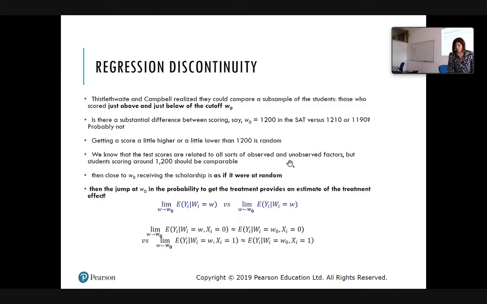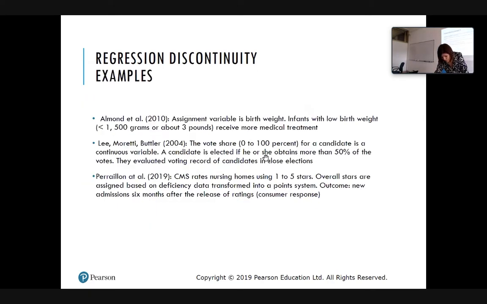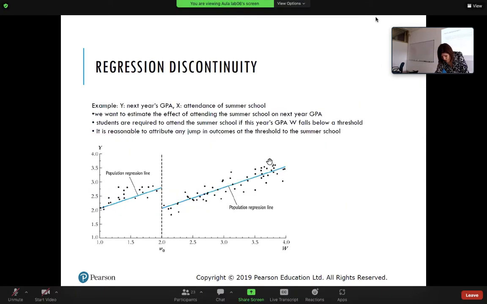Okay, so we compare what happens just at the threshold for those belonging to the treated group with respect to those belonging to the control group. And this difference in the conditional mean is this jump here, and this is the treatment effect.